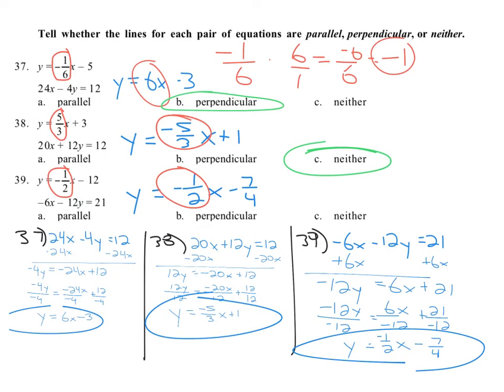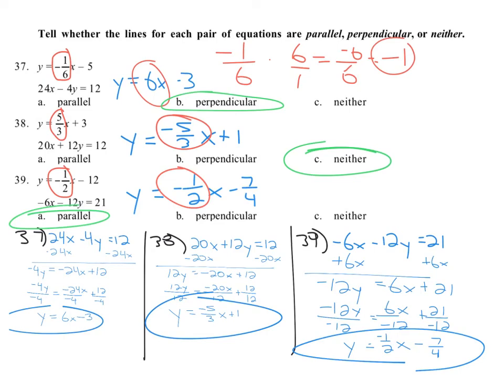That means they're exactly the same slope, and therefore the lines are parallel. So for 37, they're perpendicular. 38, they are neither, because although it's 5/3 and negative 5/3, that's not enough. They're not exactly the same, and they're not opposite reciprocals. And of course for 39, the slopes are the same, so they're parallel.